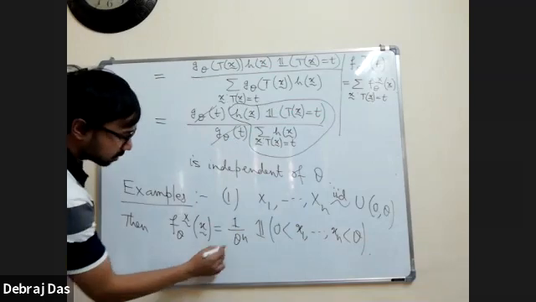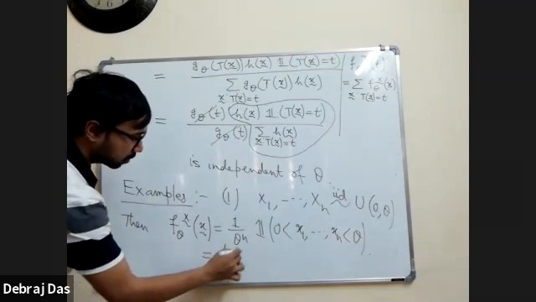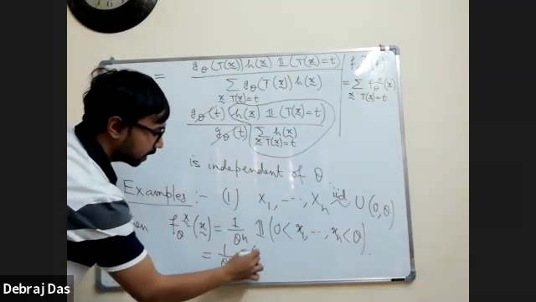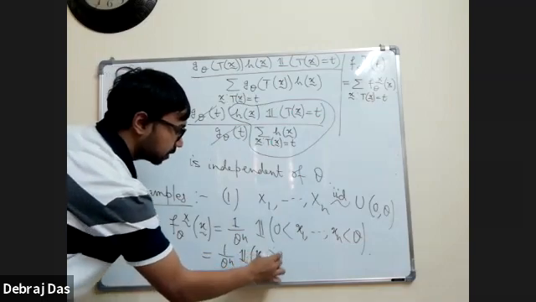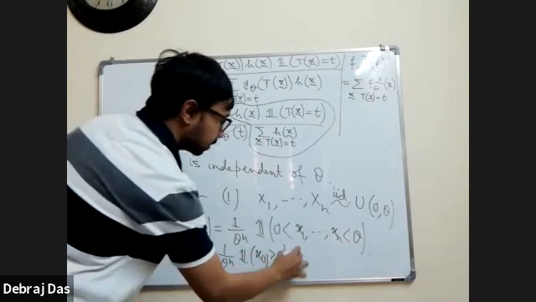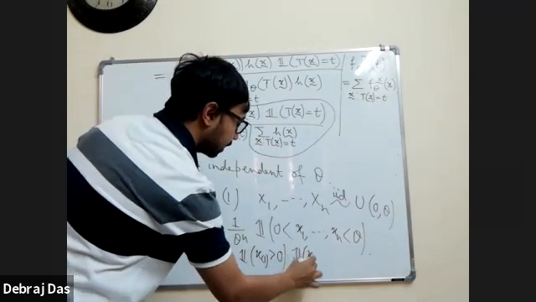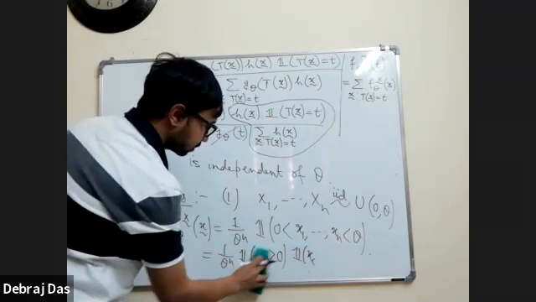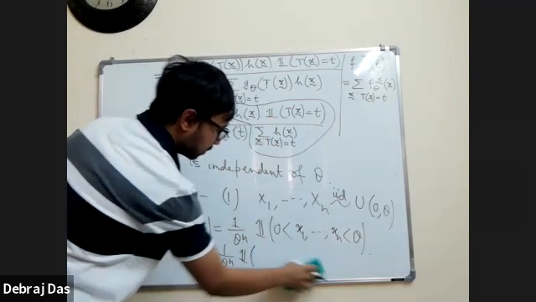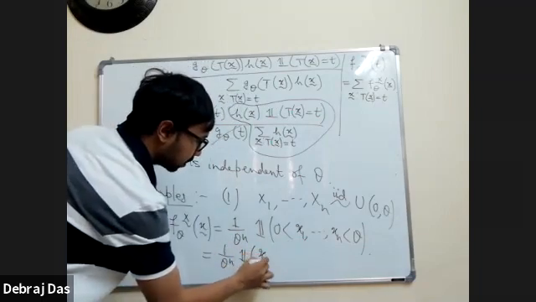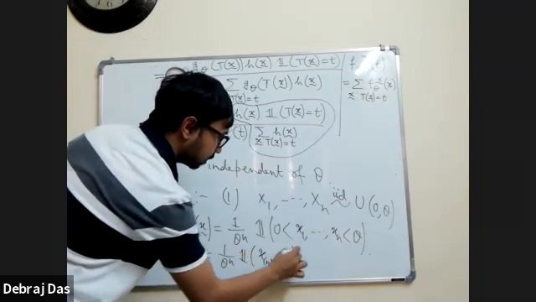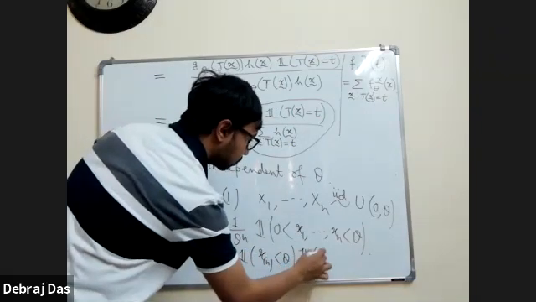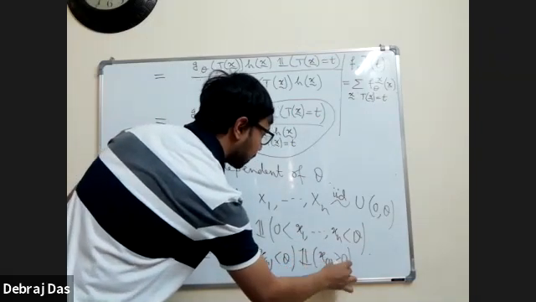So that means it's 1 by theta to the power of n, indicator of x order n less than theta, and indicator of x order 1 more than 0.